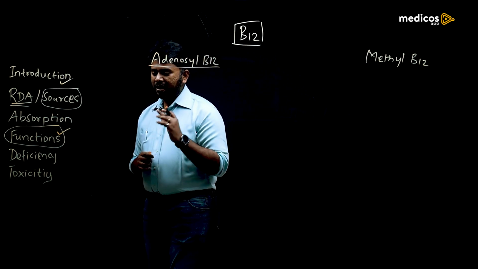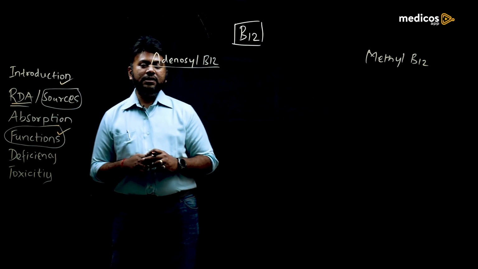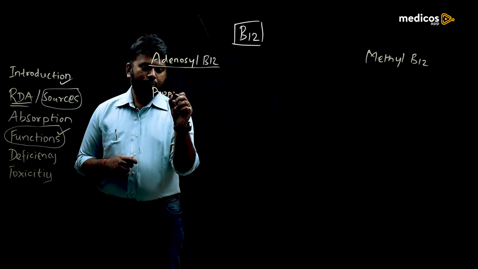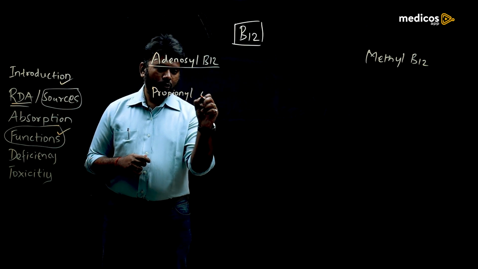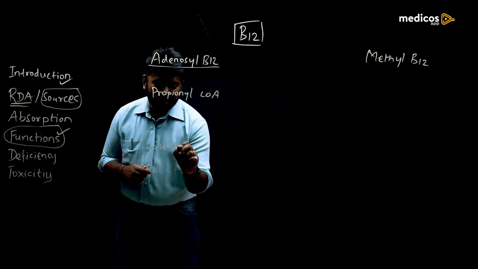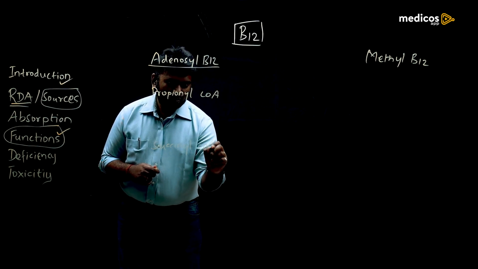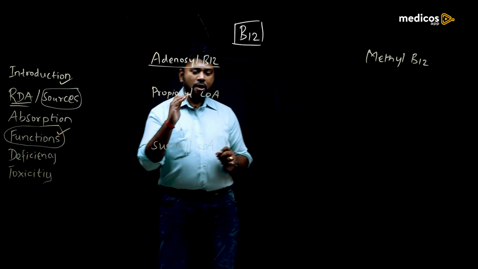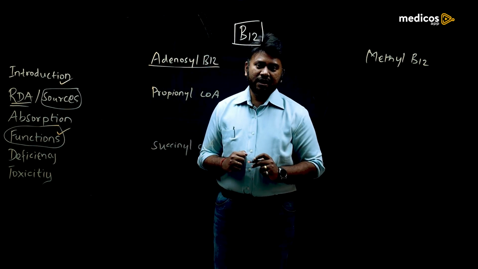What is the biochemical role of this? It is very much needed for the conversion of propionyl coenzyme A to succinyl coenzyme A. Adenosylcobalamin especially is needed for the conversion of propionyl CoA to succinyl CoA.